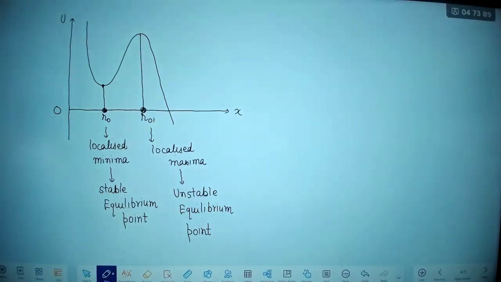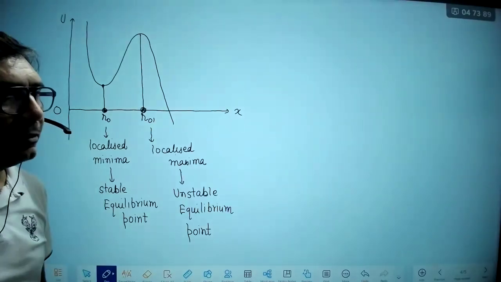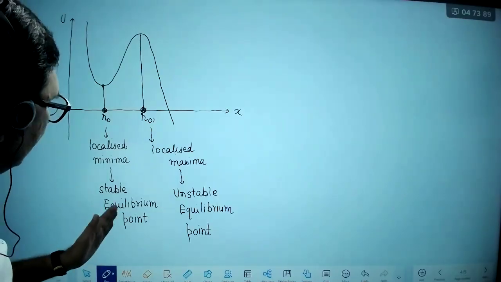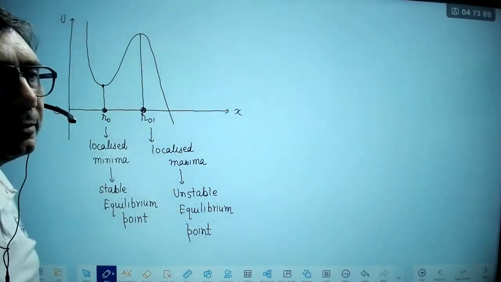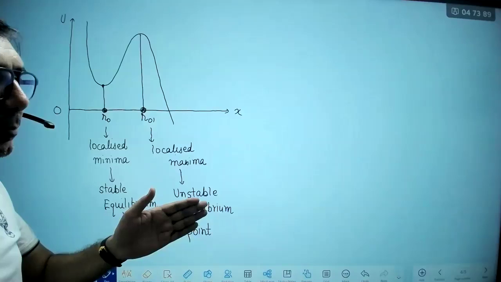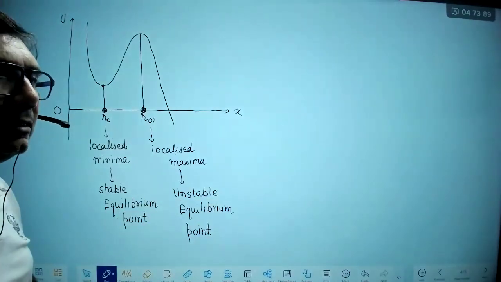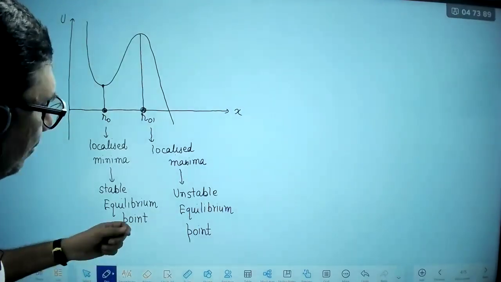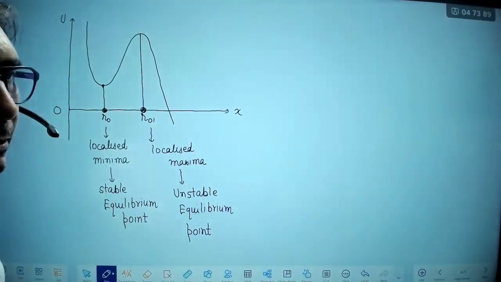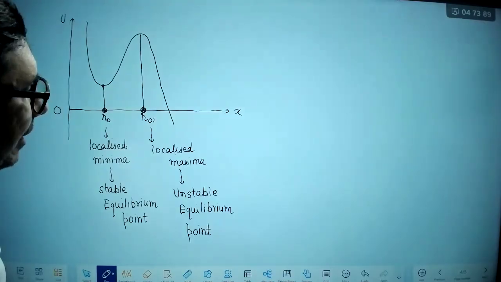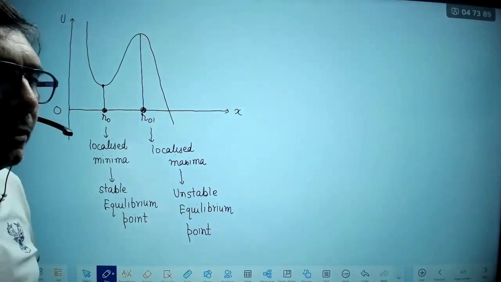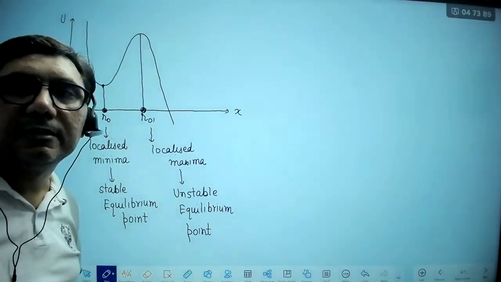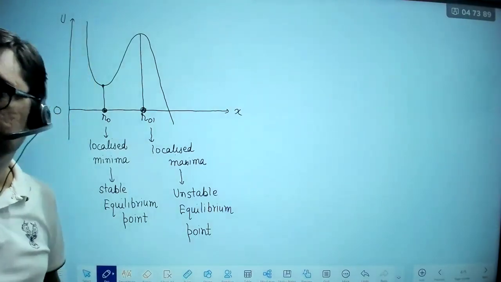Full stop. These localized minimas will correspond to stable equilibrium points. And these localized maximas will correspond to unstable equilibrium points.